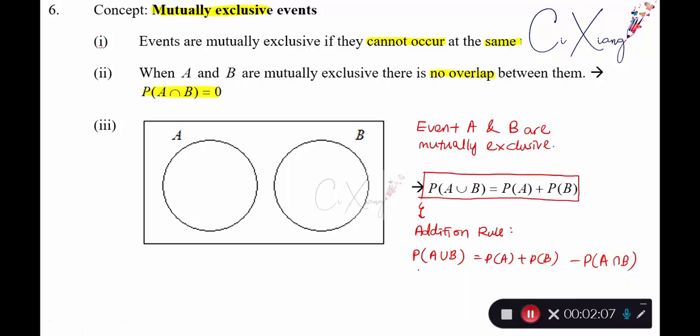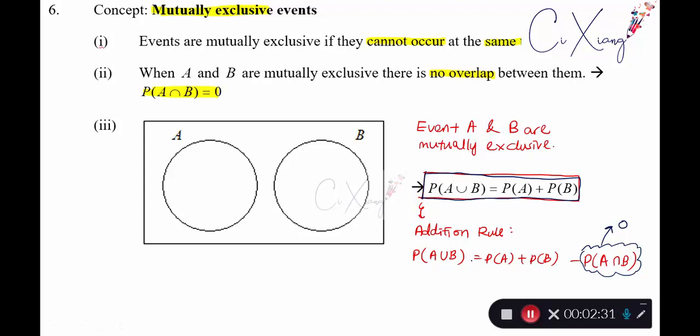So this is my addition rule. And because for our concept here, A and B have no overlapping, this is equal to 0. And when this is equal to 0, that's why you can get this equation. So this particular equation originates from the addition rule.